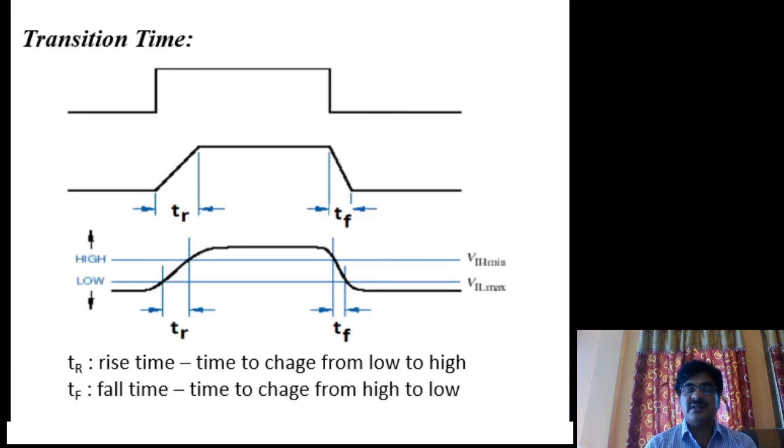When will you call the transition time the rise transition time? When the transition takes place from logic low to logic high. Similarly, when will you call the transition time the fall transition time? If the transition is from logic high to logic low. Okay, so that is the parameter transition time.